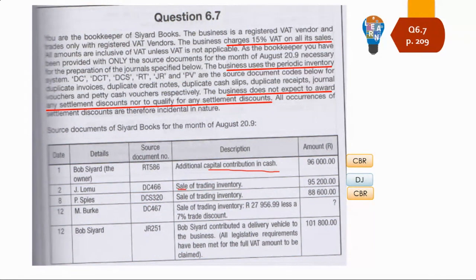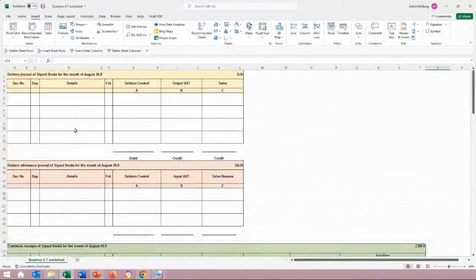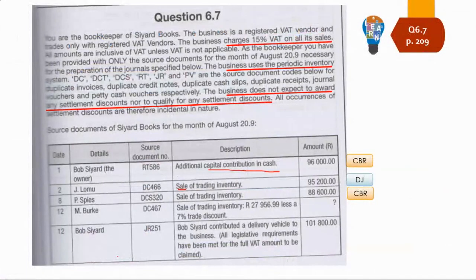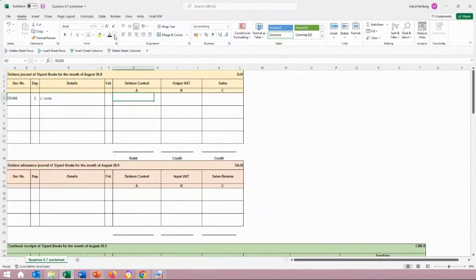So J Lomo, we know it's on the debtors journal, so let's go to the debtors journal. The amount based on the question is 95,200, and remember that is inclusive of VAT. So that would be recorded in our debtors control.